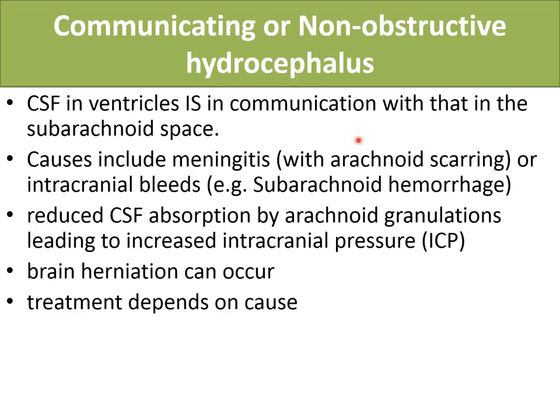And if that happens, then you'll get a communicating hydrocephalus. So even though the ventricles are in communication with each other, the third and fourth and the lateral ventricle, they can't get all that CSF out of the brain into the superior sagittal sinus. And that can cause impairment as well, but you don't have an obstruction within the ventricular system.